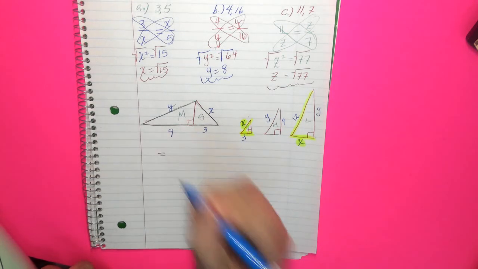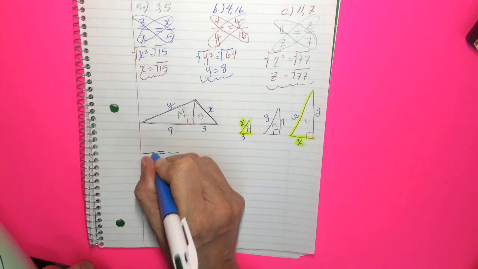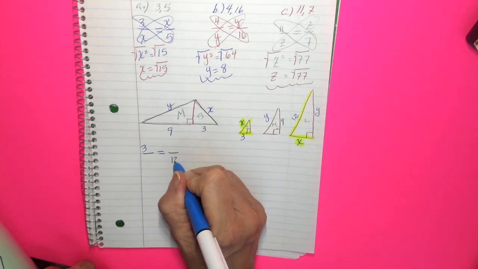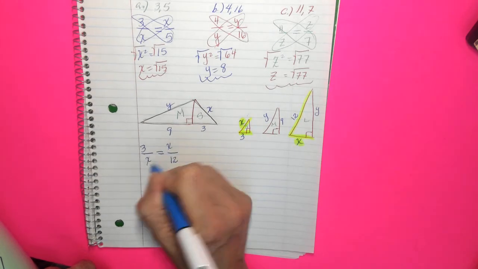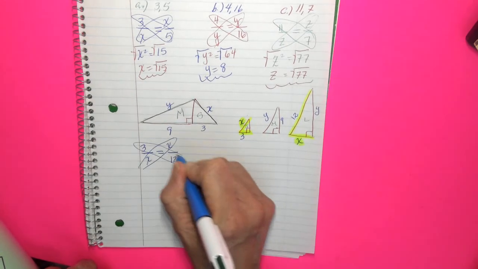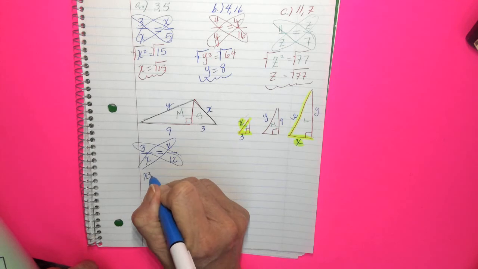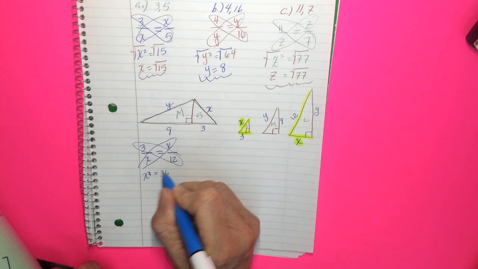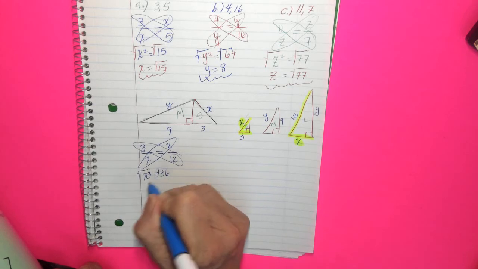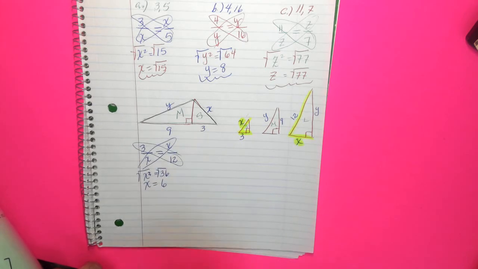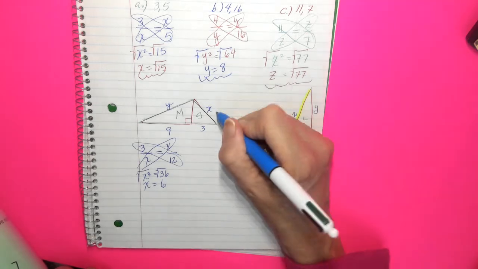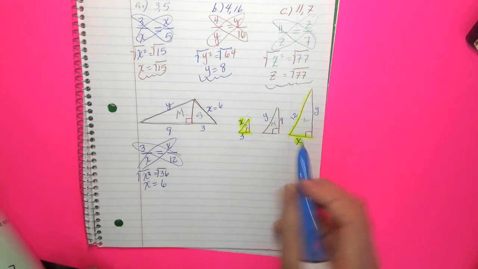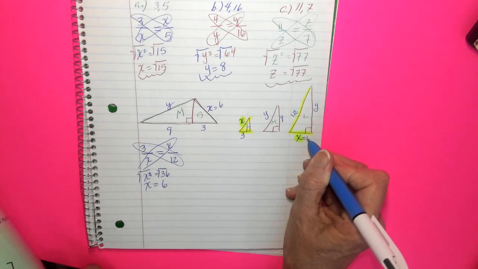Start with a proportion, put in our extremes of 3 and 12, put in our x, we cross multiply, we get x squared equals 36, so x equals 6. So there's a 6 right there. That was the base of the large triangle, so we can insert that here.